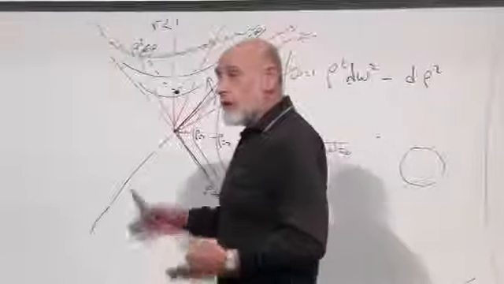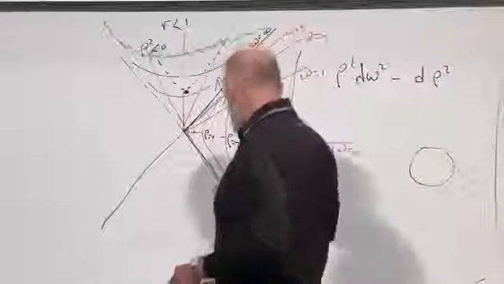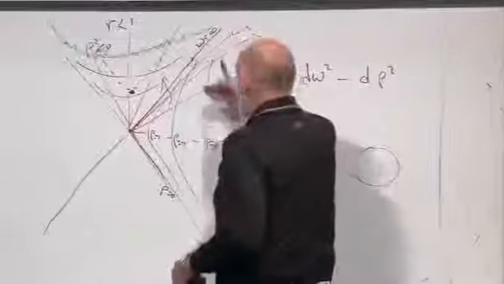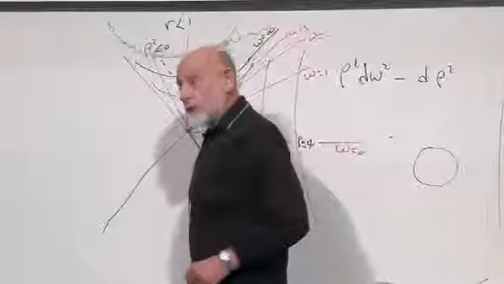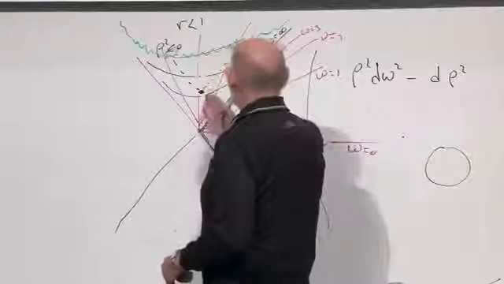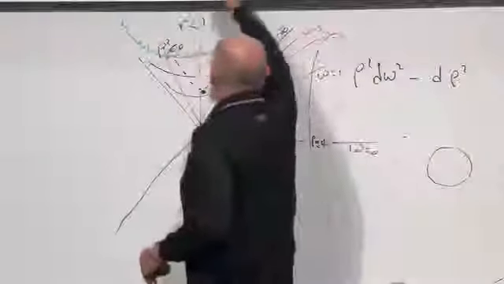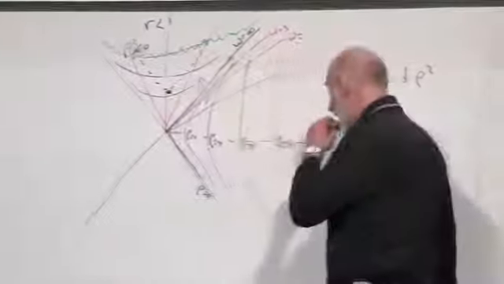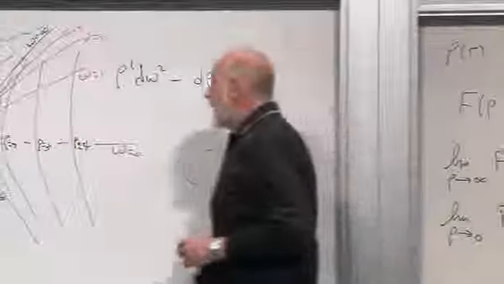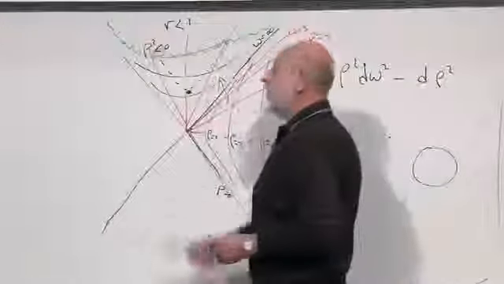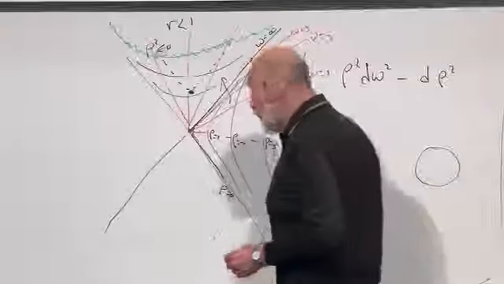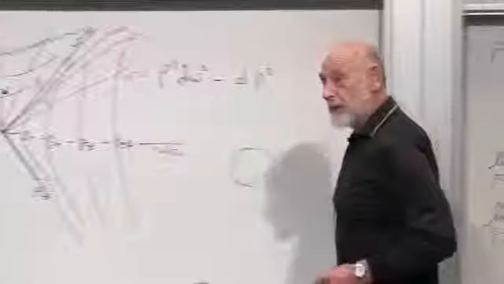If you know r, you know rho. If you know rho, you know r. Okay, so these are also lines of constant r. But they're real, they're perfectly good values of r, but they're less than 1. And the red lines are lines of constant t. They don't look like it, but they are.